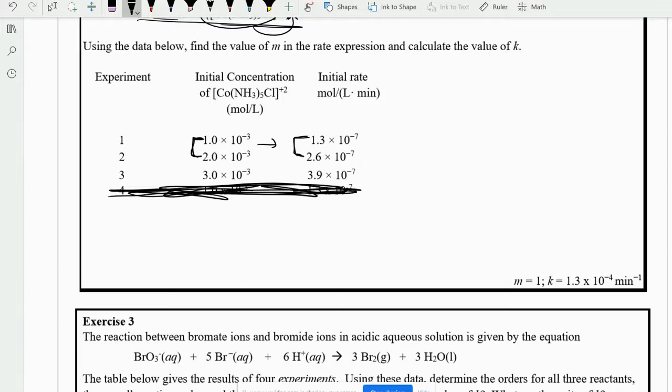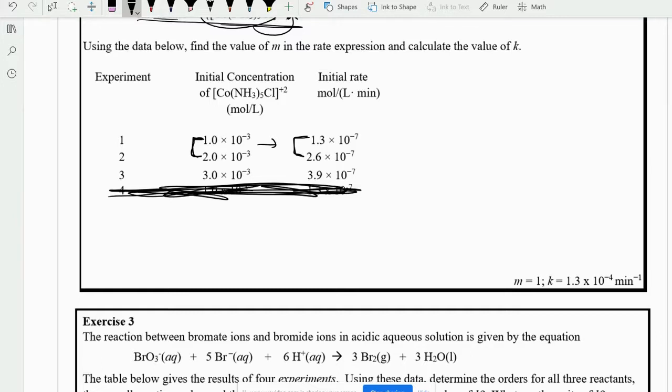If you double the concentration, the rate is doubled, so this is the definition of a first order reaction. As you double the concentration, you double the rate. That sounds directly proportional, and it definitely sounds like a first order reaction.